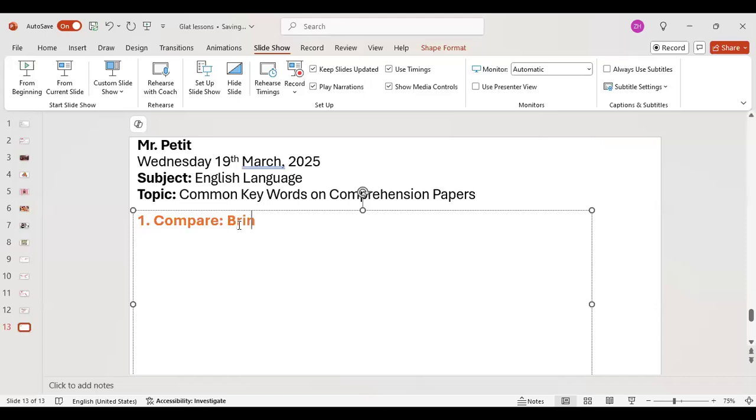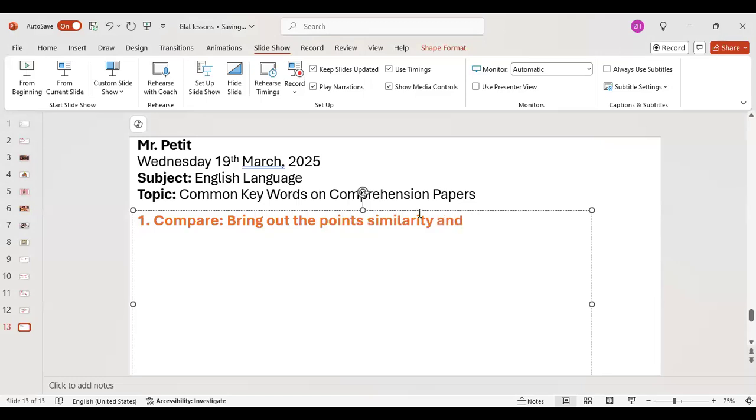So when we say compare, that means what? To bring out the what? Differences and similarities. What is first? Bring out the points of similarities. Similarity, yeah.